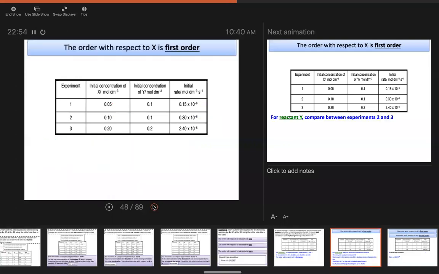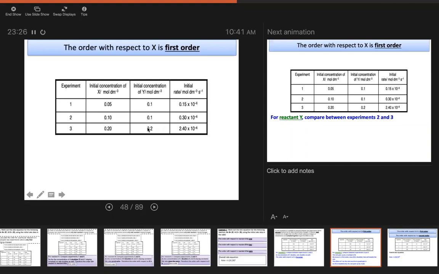Okay, next. So we got that the order with respect to X is first order. How do we identify the order for Y? Because if we look at experiments 1 and 2, Y is not changing. So we're only left with 1 and 3, or 2 and 3, which is also fine.